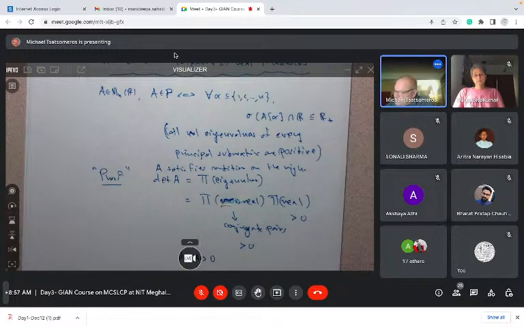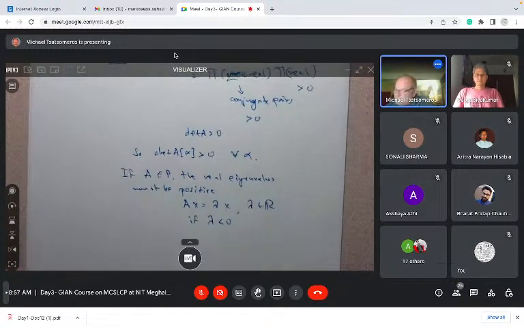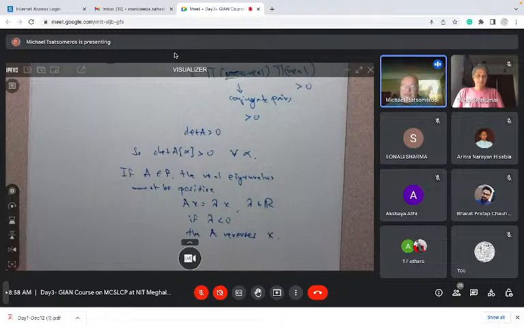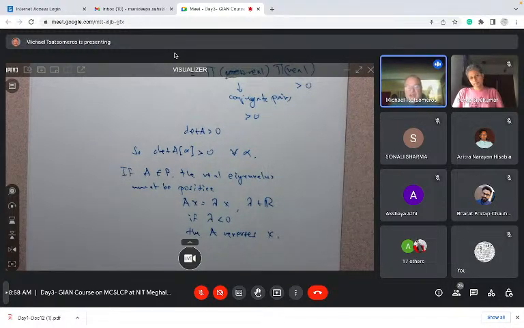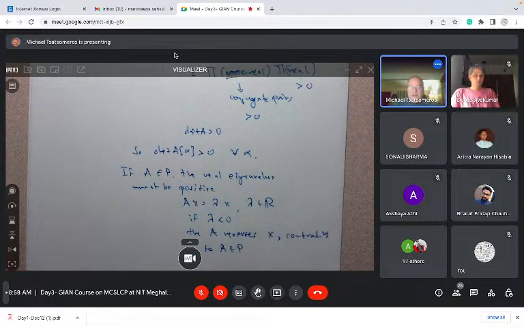If lambda is less than 0, then A reverses the sign of x, because you have A times x equals a negative multiple of x. That would be a contradiction to A being in P, because it would reverse the sign of the eigenvector.